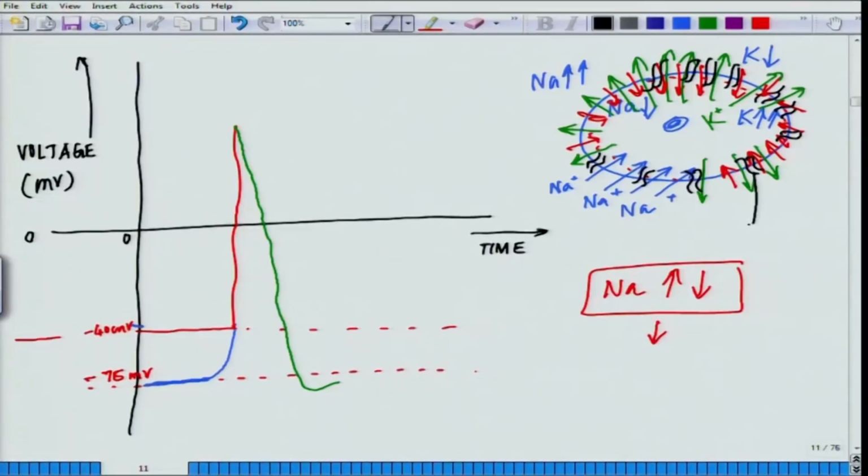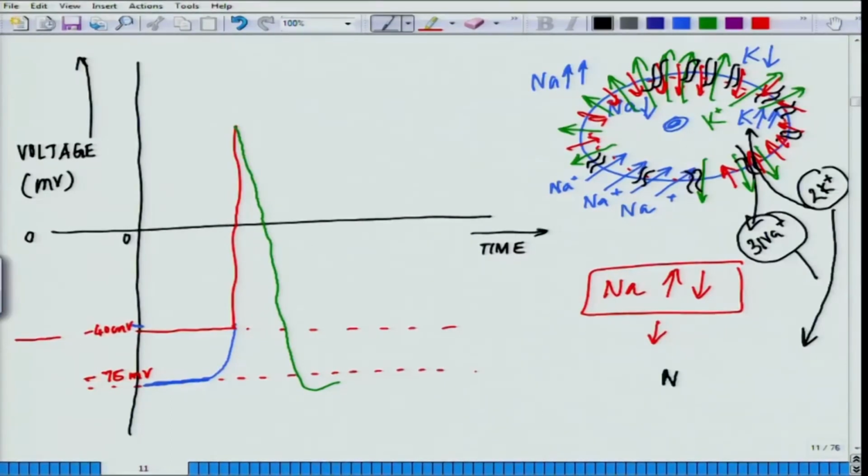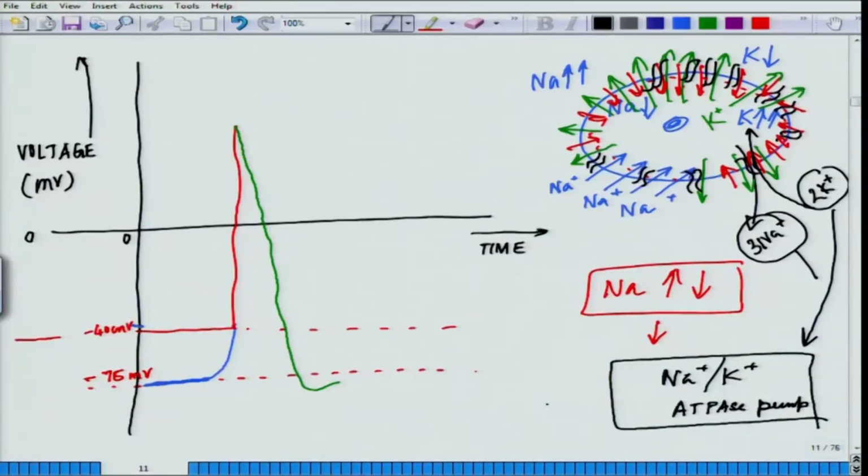They throw away 3 sodium ions from inside the cell, and they take in 2 potassium ions inside the cell. These are called sodium potassium ATPase pumps, because inside the cell you need ATP in order for these pumps to act, which brings the cell back to its normal membrane potential, which is minus 75 or minus 90 depending on the cell type.